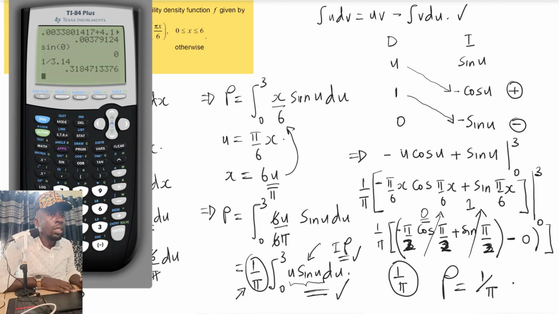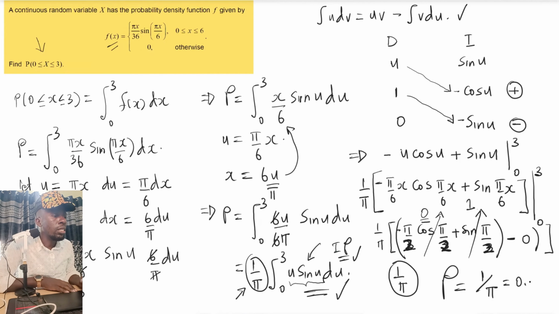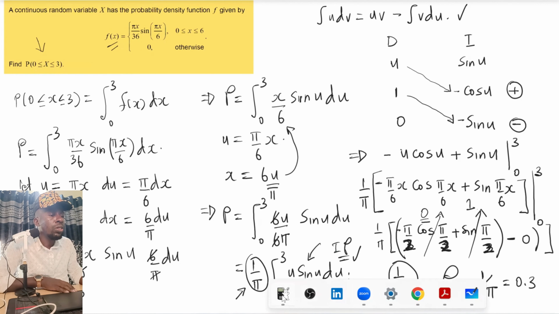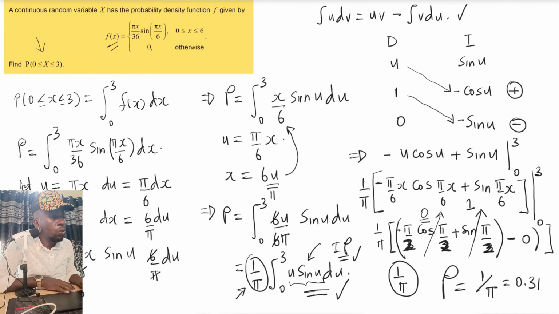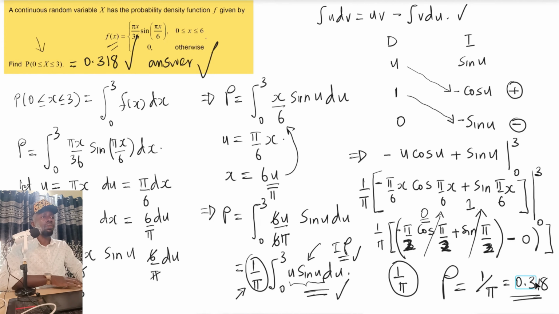So the answer is equivalent to 0.318. So this is the value of the probability, 0.318, and that is the answer.